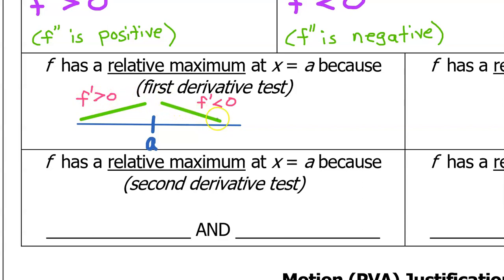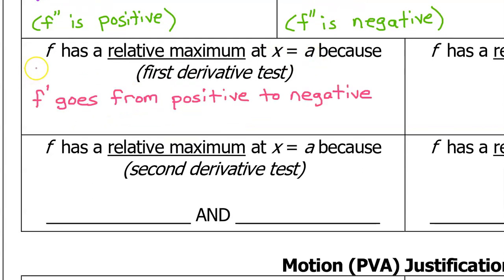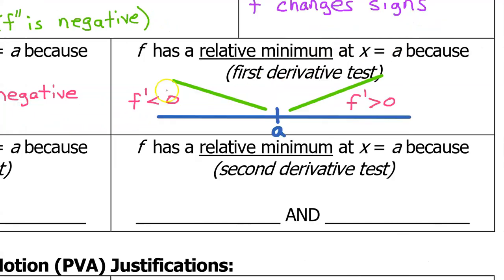Where function f is decreasing, f prime will be negative. So if there is a relative maximum at x equals a, that means f prime should be going from positive to negative. So to justify, we would say that f has a relative maximum at x equals a because f prime goes from positive to negative.